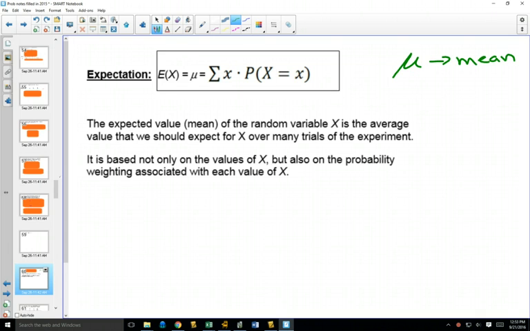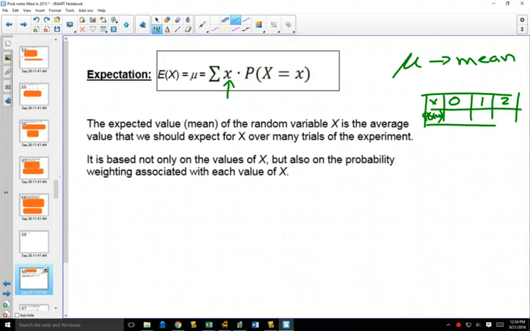Kind of makes sense. Now the formula here says if you have a probability distribution chart, you're going to add up all of your items. So in our probability distribution chart, where we have a number of different items, and this is x, and this is probability x equals x, this x would be these numbers, like 0, 1, and 2.